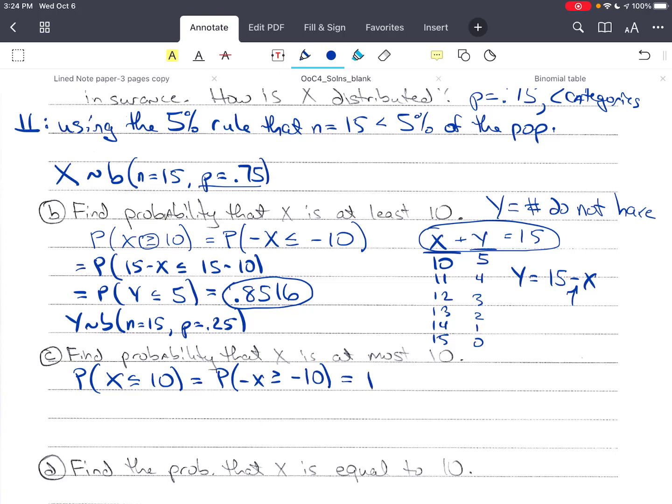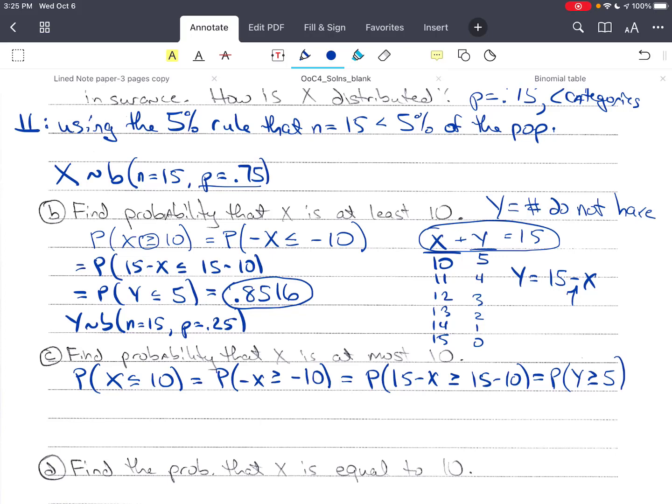And that's equal to the probability that 15 minus x is greater than or equal to 15 minus 10, which is equal to the probability that y is greater than or equal to 5. Remember, we can look up y in our binomial table because y has a probability of occurring of 0.25, which is listed in our table.